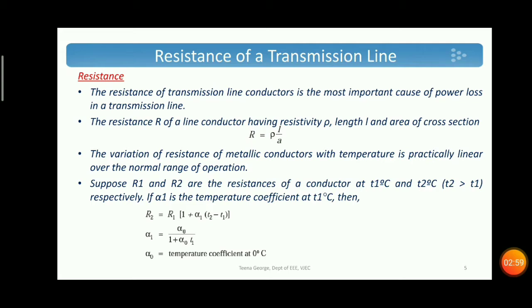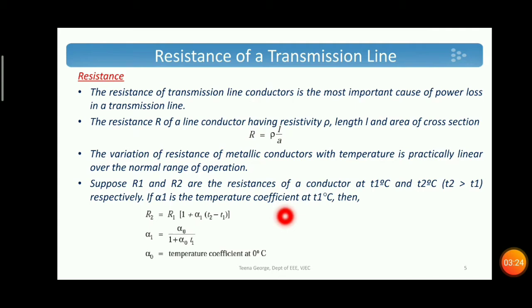First is resistance. Resistance of transmission line is the most important cause of power loss in the line. Resistance is given as R equal to rho L by A. L is the length of the line, A is the area of cross section of the conductor and rho is the resistivity. And resistance changes with temperature.